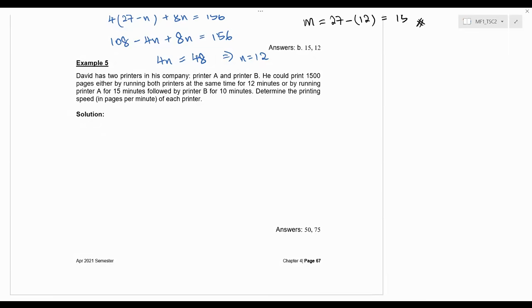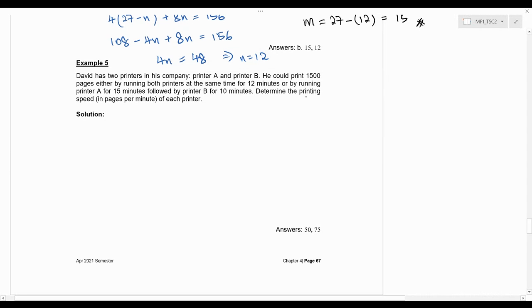Okay, so if you have resumed this after you have tried the question but can't really solve it, then maybe it could provide you a little bit of a hint. So printing is about speed, right? Let's just call printer A. Both printer A and printer B have a speed.